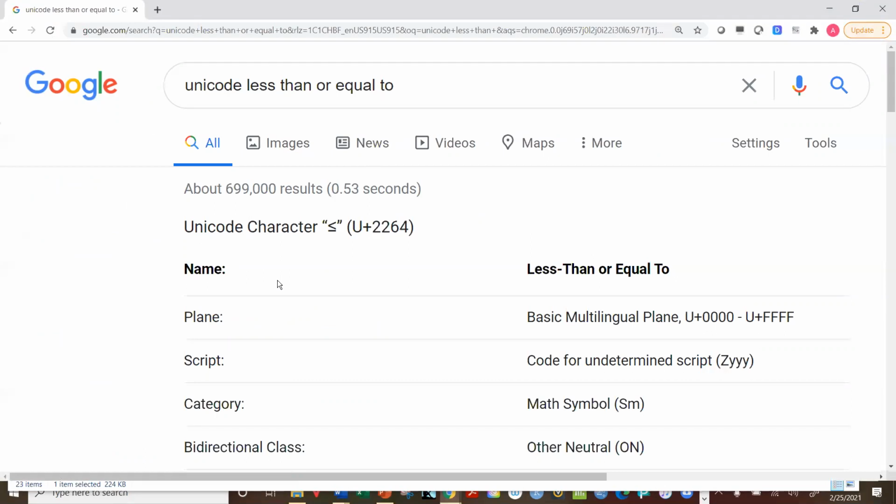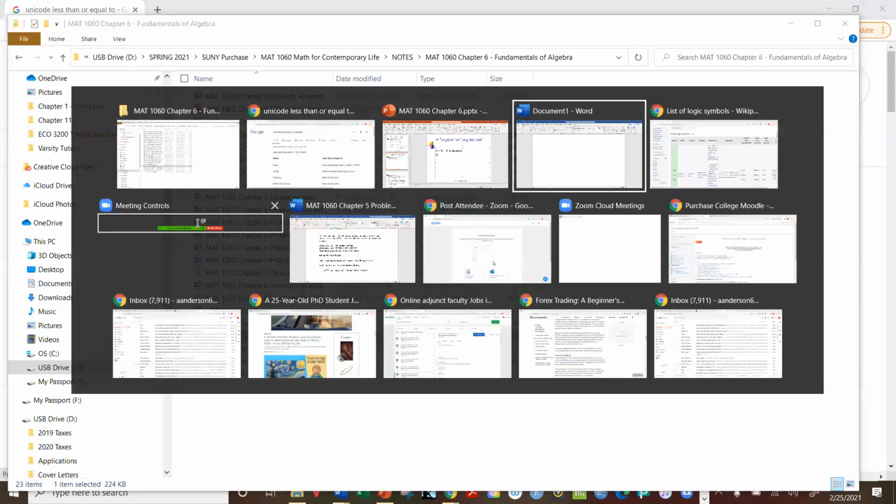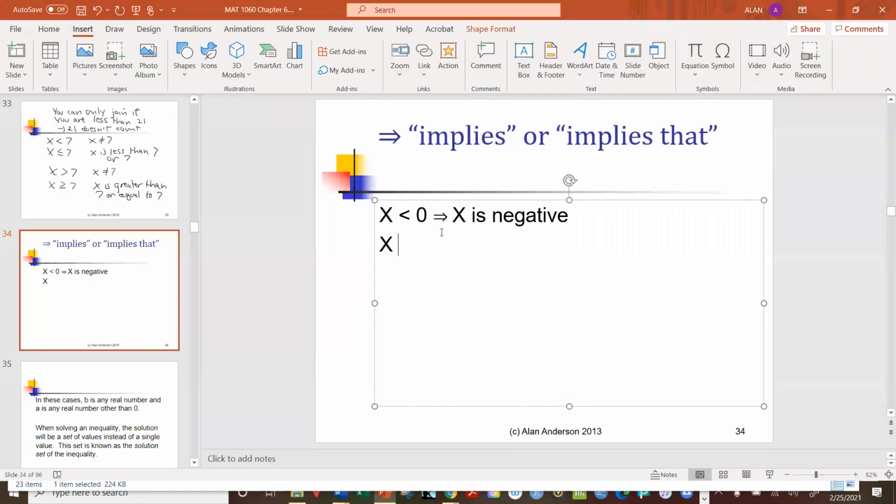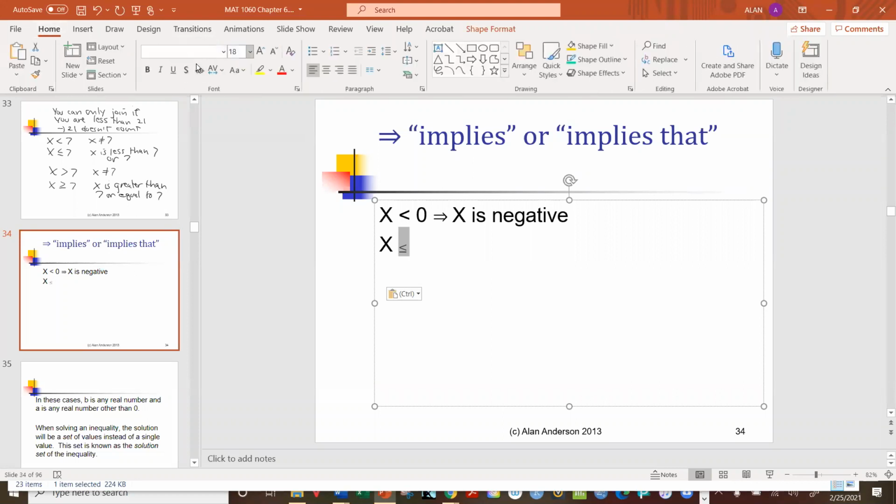Okay, 2264. And there we go. All right. So this symbol, less than or equal to, means, oh boy. Here we go.